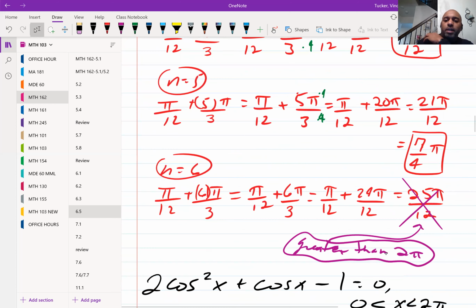And then here, when we plug in 6, multiply top and bottom by 4, just like we've done in all the other ones. So we have that common denominator 12. That gives us 25 pi over 12 when we add it together to the pi over 12. That's greater than 2 pi, so we know we cannot use that value.